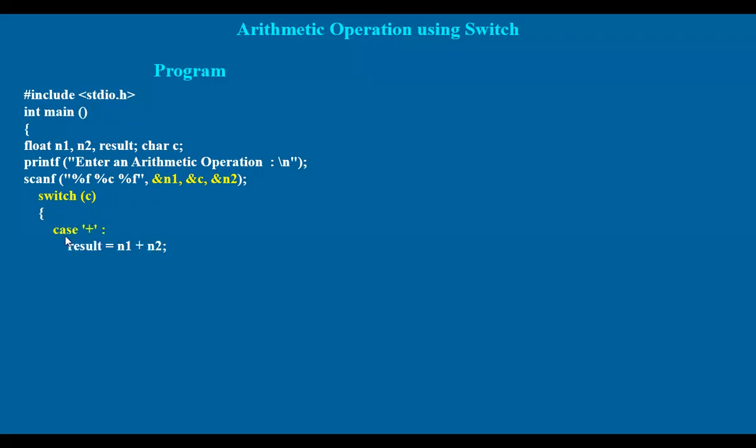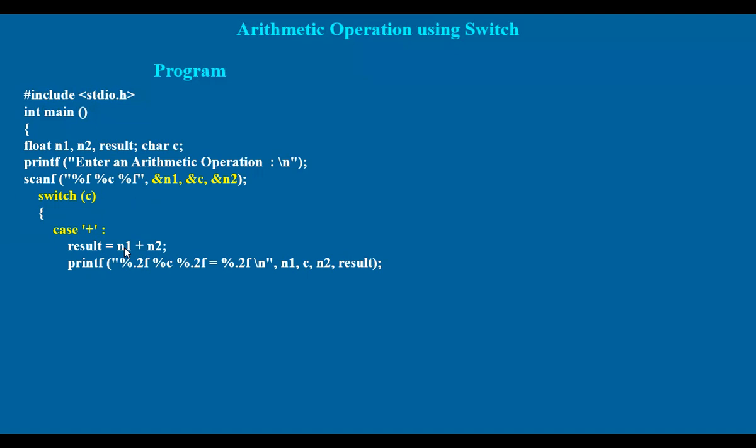How? Is it plus? Because this is a character, we have to keep it within single quotes. Now if it is plus, we have written what to do. The result, another variable, is n1 plus n2. It prints the n1 value, taken as %0.2f, so only 2 decimal places are considered.